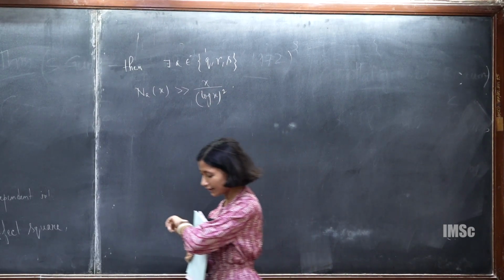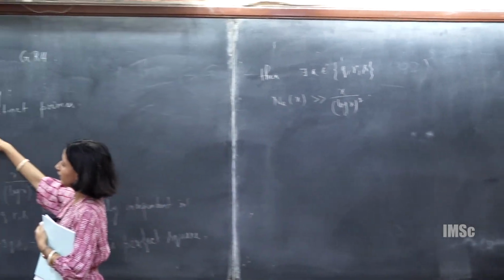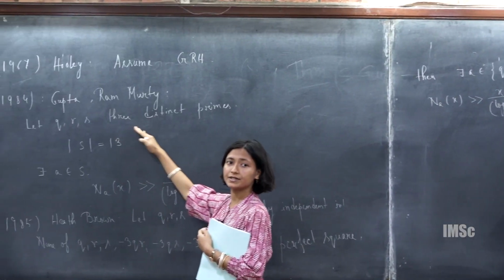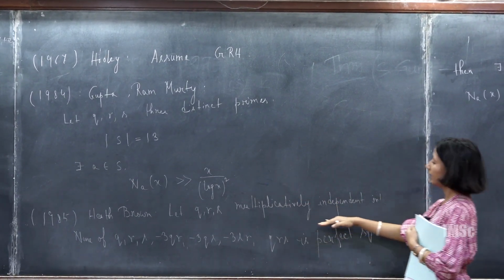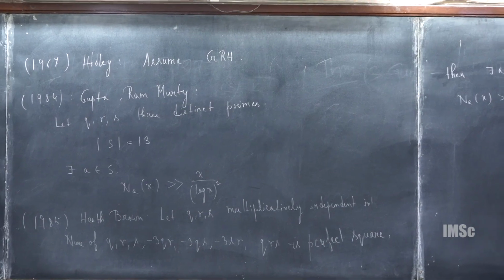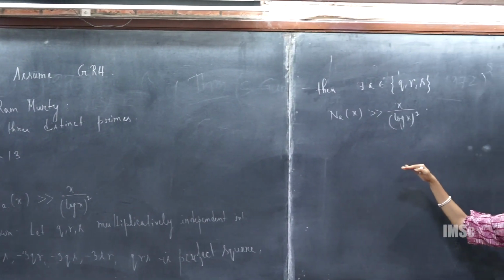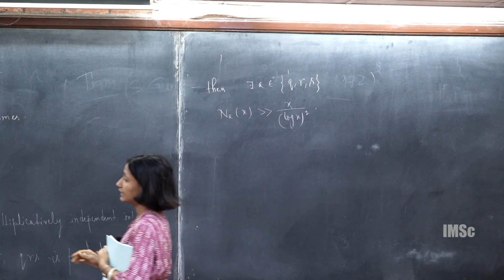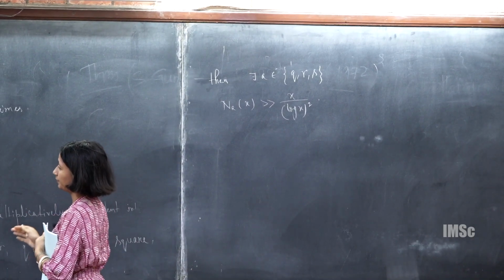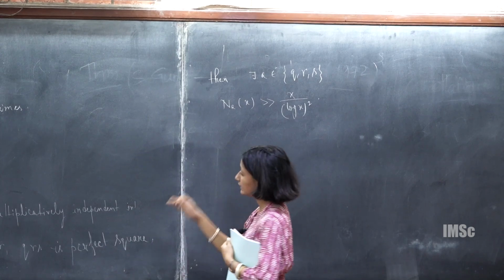So what we can see here is that earlier we were getting 1 out of 13 elements which is a primitive root for infinitely many primes. Here we are getting 1 out of 3 elements. So the probability is getting higher. But the positive density is yet unproved.